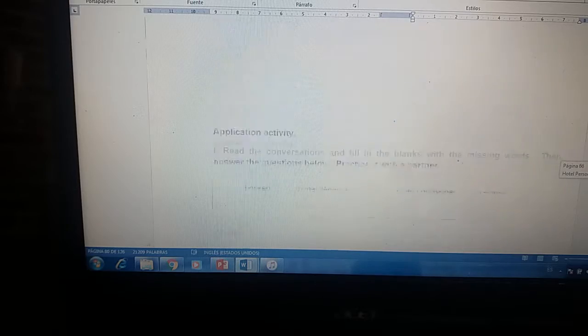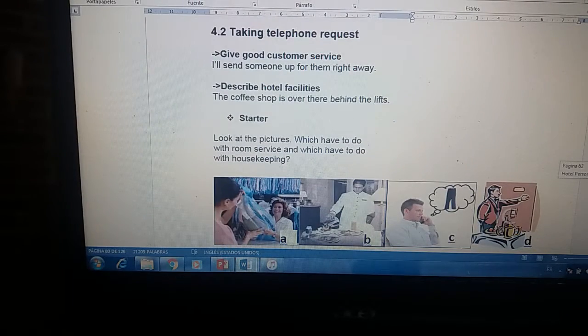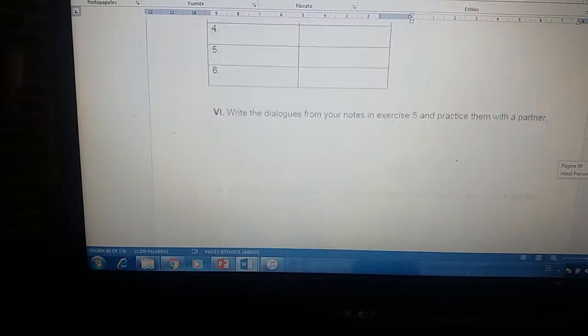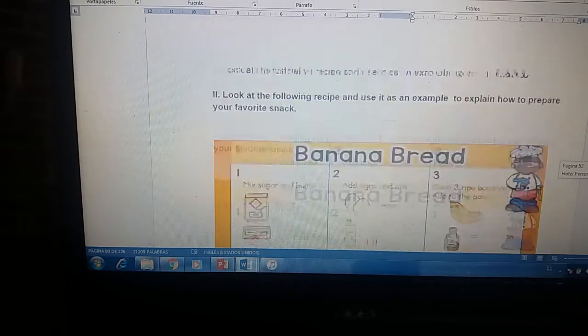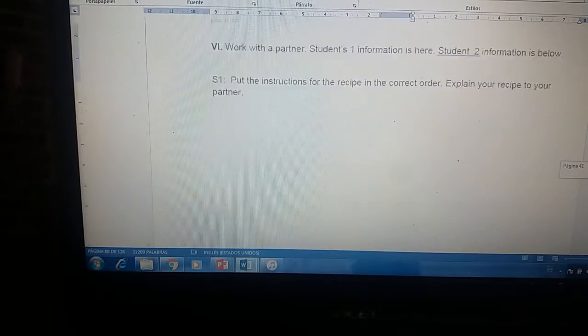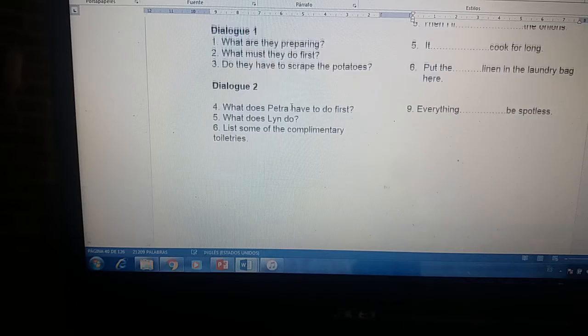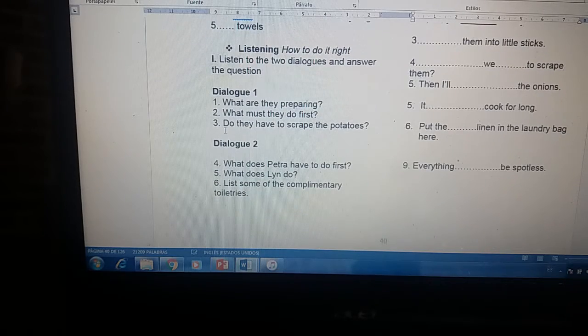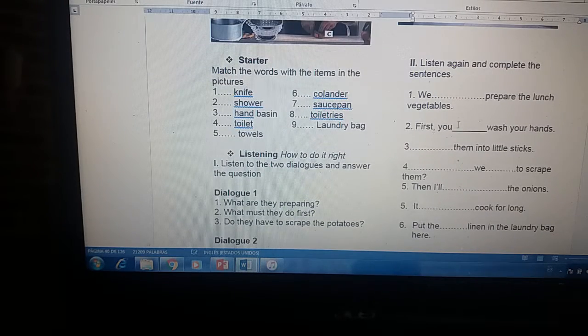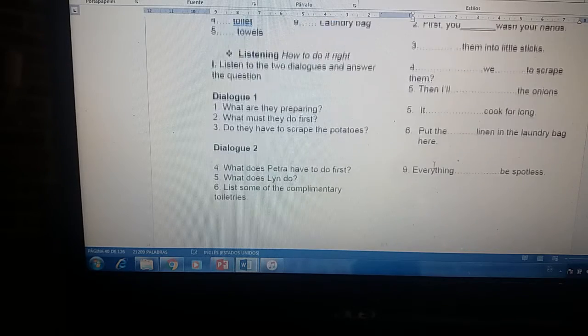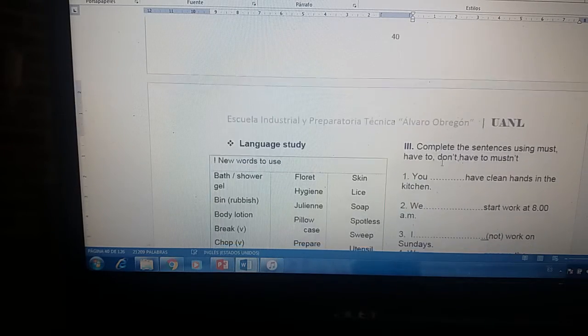Okay, let's go back to page 40. Page 40 is right here. And you must answer first the questions, and then you have to listen and complete the sentences that we have on this part of the page.